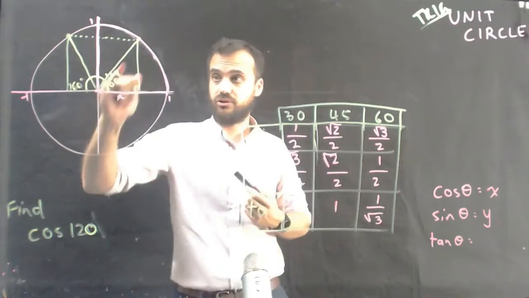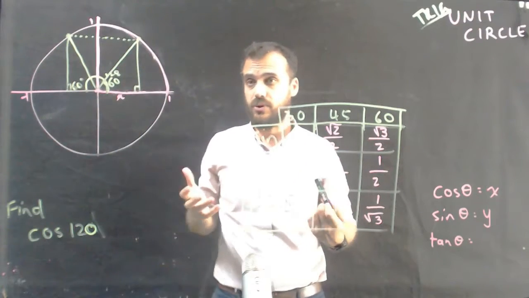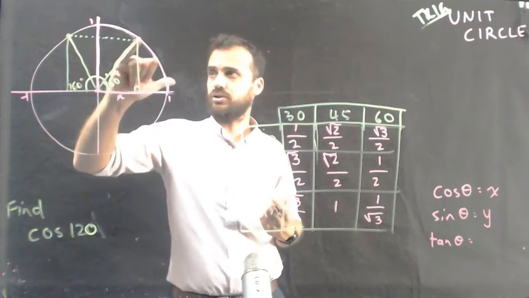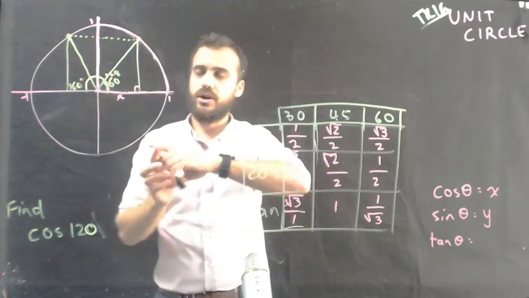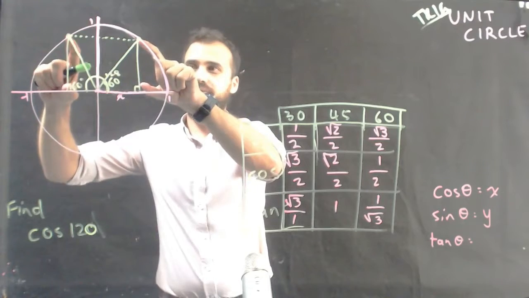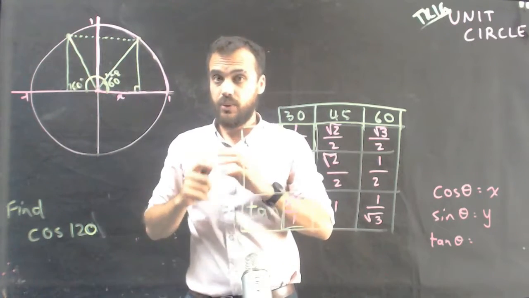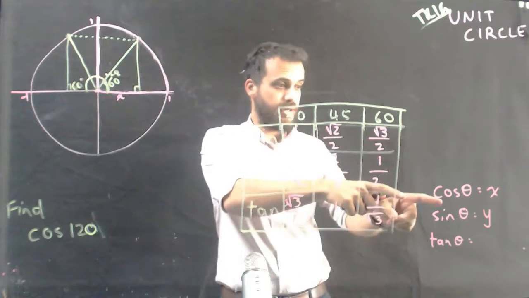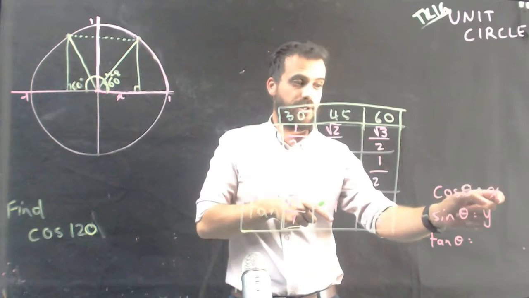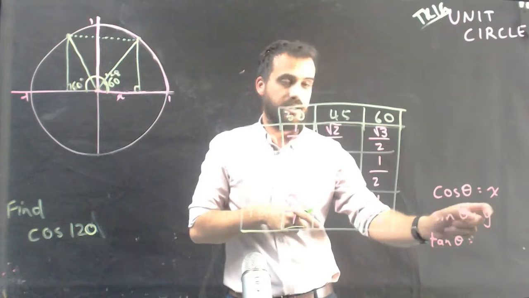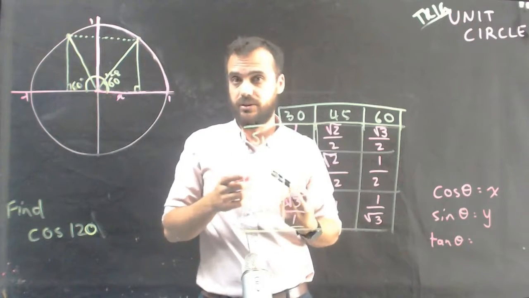Now, you've seen that triangle before. We've dealt with it before. So if you've seen that triangle before, then we know that this triangle and this triangle have the same height because they're symmetrical. And we know from previous experience that cos theta is equal to the x value and sine theta is equal to the y value.